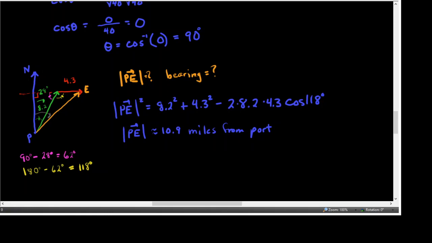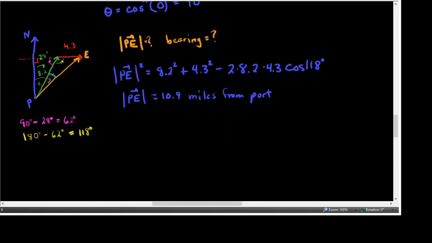And since we know part of that is the green angle of 28 degrees, what we need is to find another angle I haven't used a color for yet. I can add the green and the turquoise one together to get the gray one, which will give us the bearing. So how will we find that turquoise angle? Well, we can use law of sines to do that.